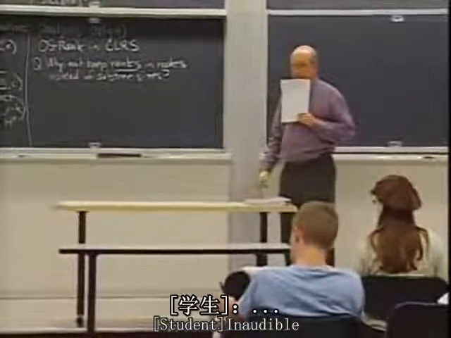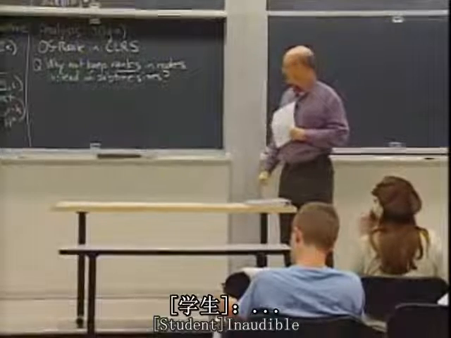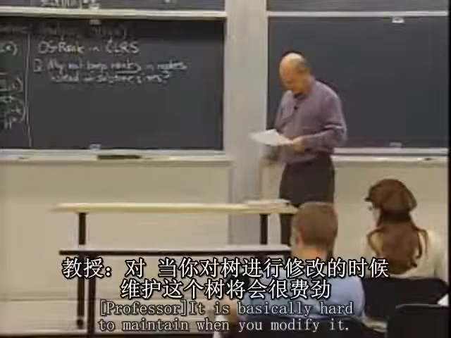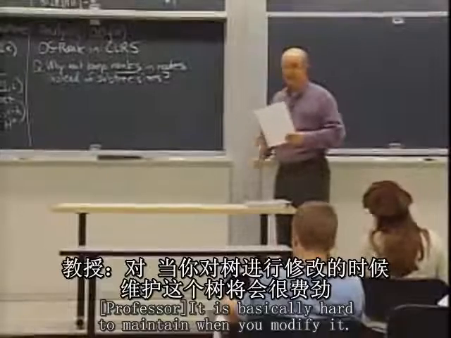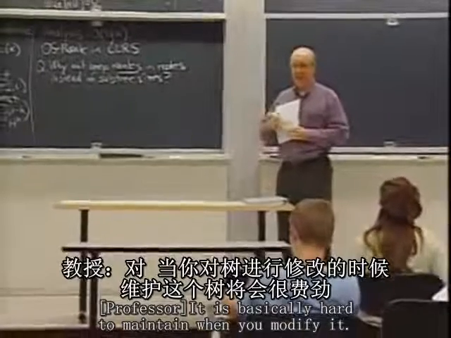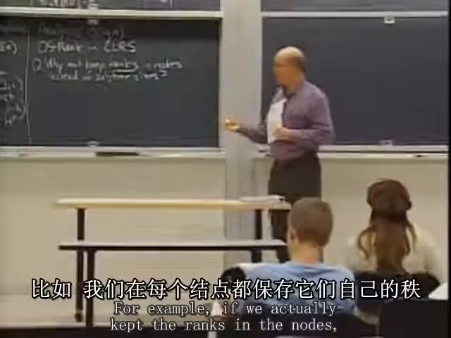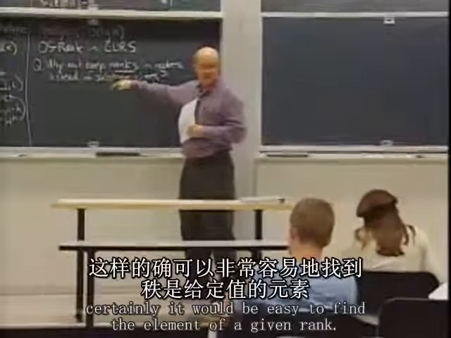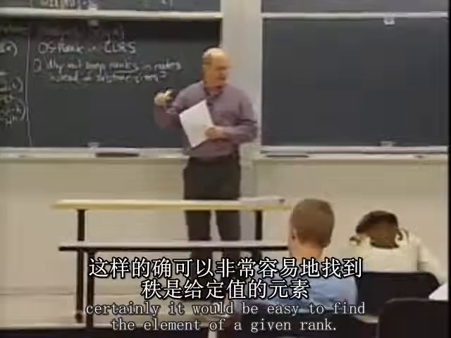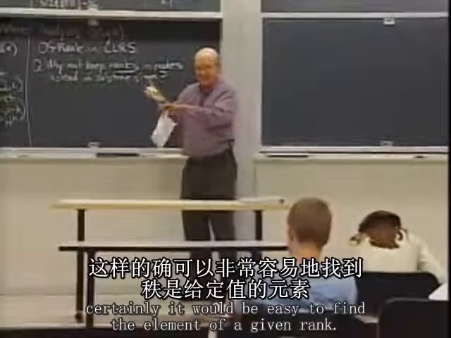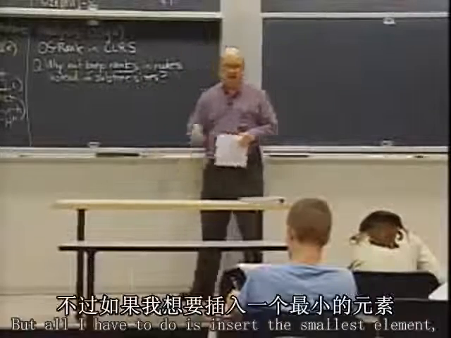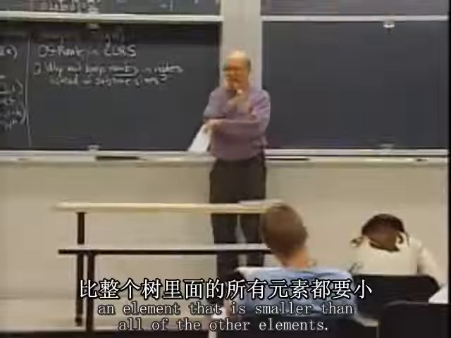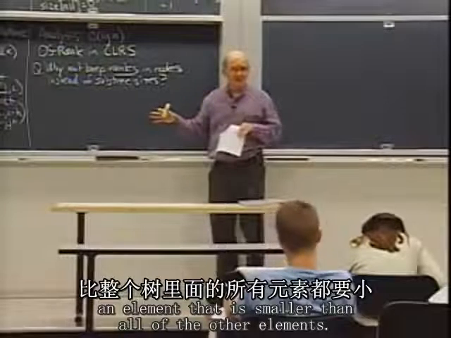Well, the reason we want to store subtree sizes rather than ranks is that ranks take order n time for insertion and deletion. Yeah, that is, it's basically hard to maintain when you modify it. So, for example, if we actually kept the ranks in the nodes, certainly it'd be easy to find the element of a given rank. But all I have to do is insert an element that's smaller than all the other elements, and what happens?